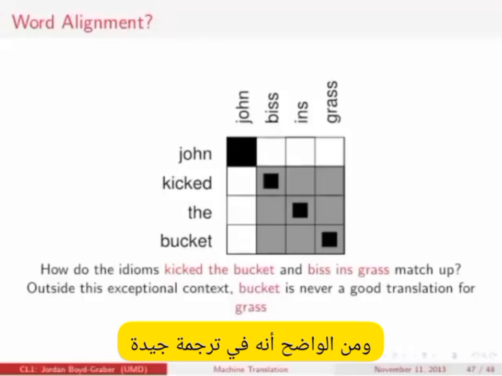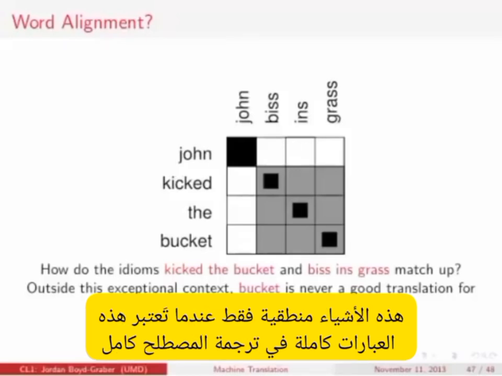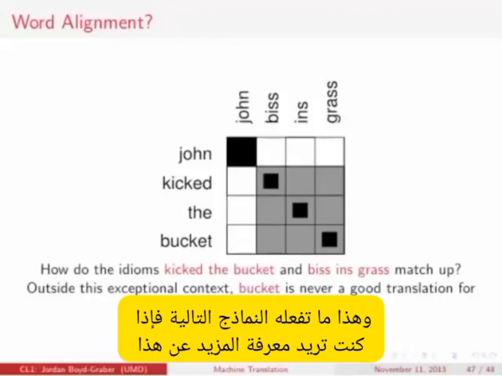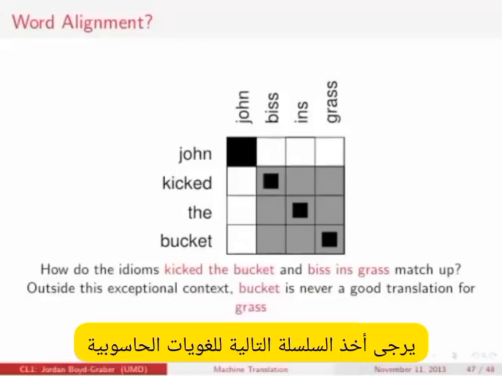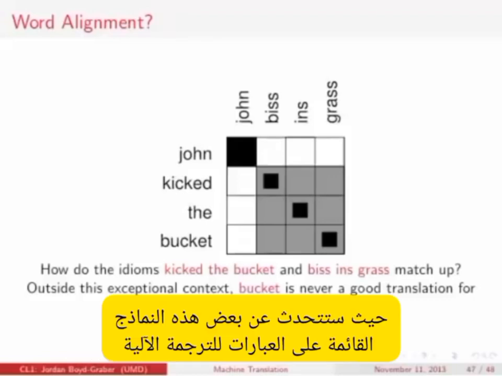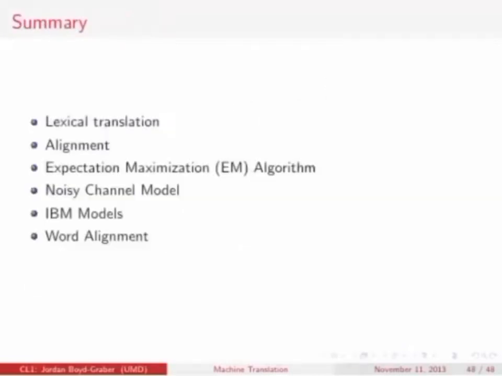And obviously, that isn't a good translation. These things only make sense when you consider these as whole phrases and translate the entire idiom. And so this is what later models do. If you want to find out more about this, please take the next sequence of computational linguistics, where you'll talk about some of these phrase-based models for machine translation.